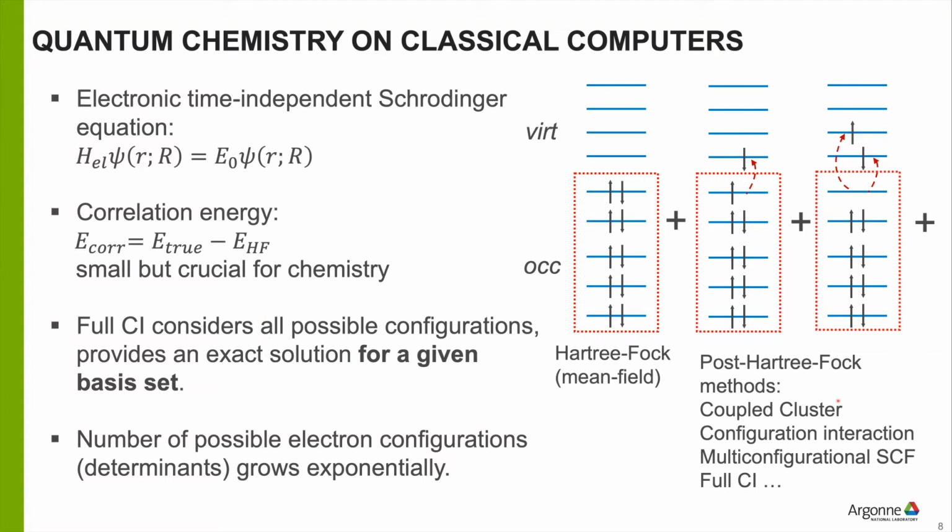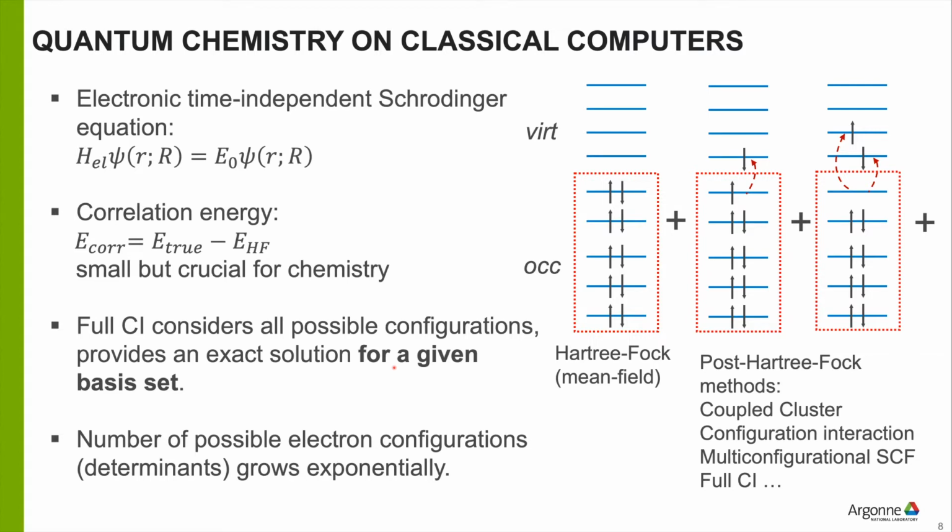Some of the methods that allow you to include these configurations are coupled cluster, configuration interaction, various multi-configurational methods, and the full configuration interaction, which considers all possible configurations and provides the exact solution for a given basis set.